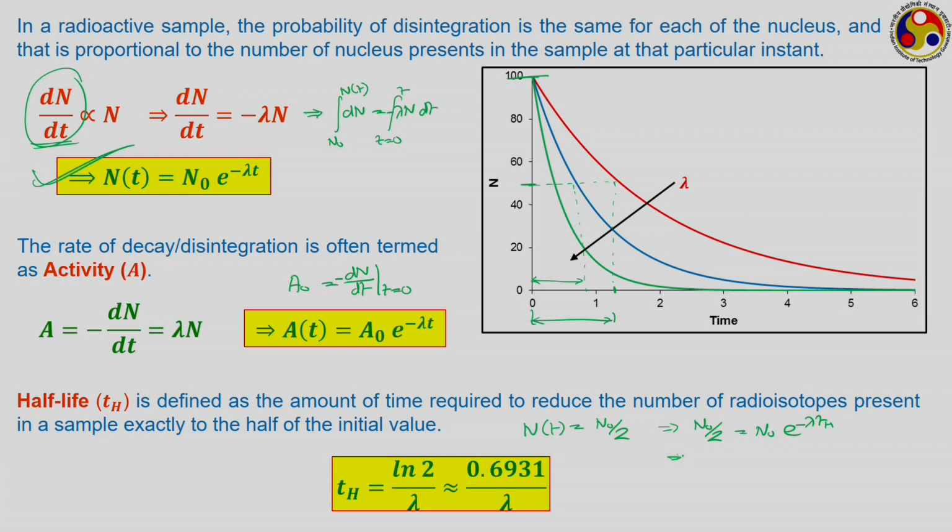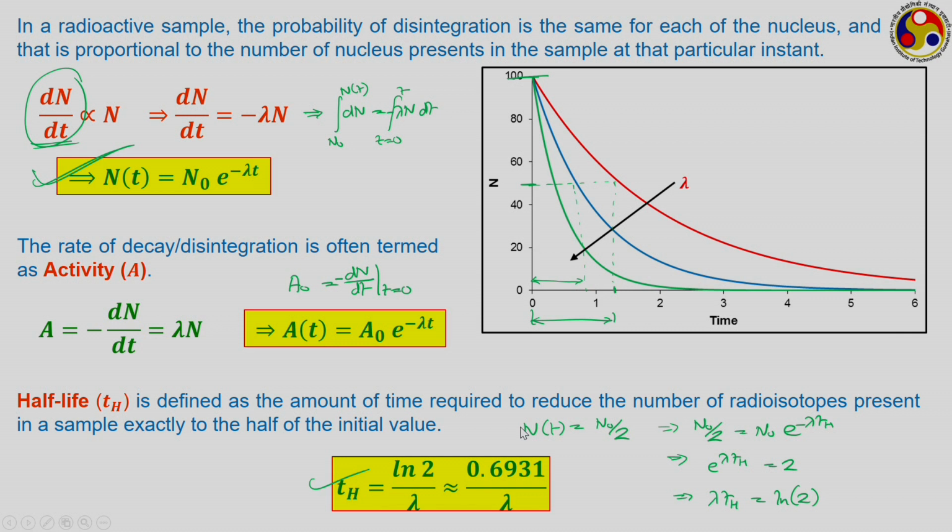If we solve this, then e to the power lambda T h is equal to 2, that is lambda T h is equal to log of 2, which gives T h equal to log of 2 upon lambda, or 0.693 upon lambda. So, the half life is inversely proportional to the decay constant, which is very much logical. If the decay rate is higher, half life will be smaller, and lesser time will be taken to reach that half mark, half N mark.